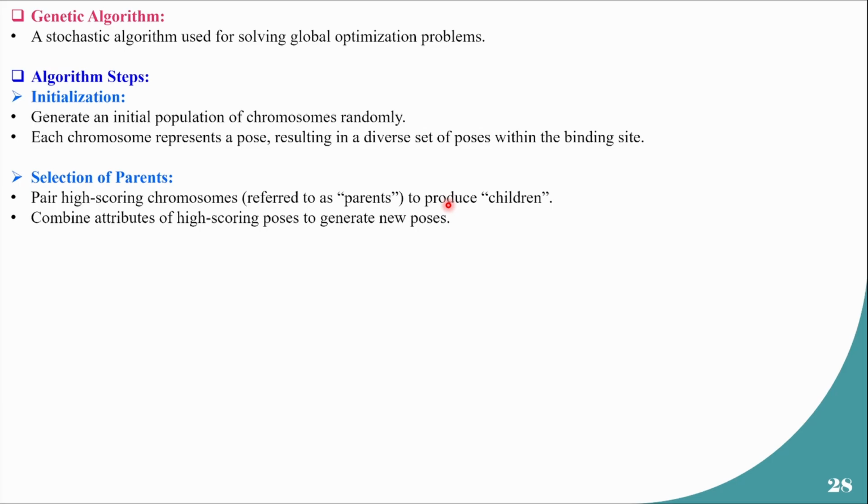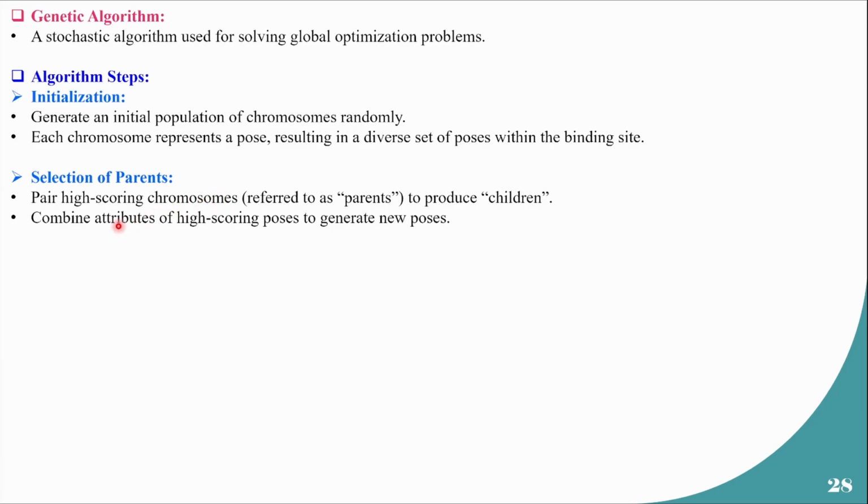So if, let's say, pose 1 and pose 4 have good scores, in the next step the algorithm will look at both pose 1 and pose 4 at the same time, and it will try to generate combinations of them as part of the next conformation that it wants to evaluate. Let's say it will take the ring orientation of pose 1, and then take the side chain orientation of pose 4, combine them and generate a new pose, right?